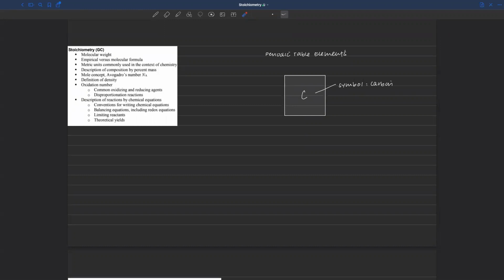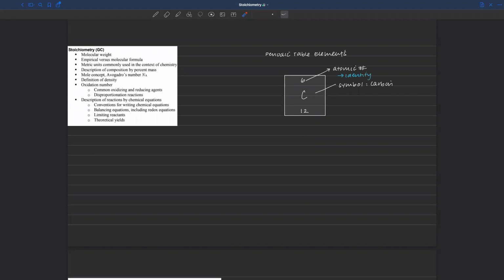And then up at the top, you'll see a number. So for carbon, you'll see the number 6. And at the bottom, you'll see the number 12. So the number 6 is important because this is the atomic number. And the atomic number is going to give you the identity of a given element.